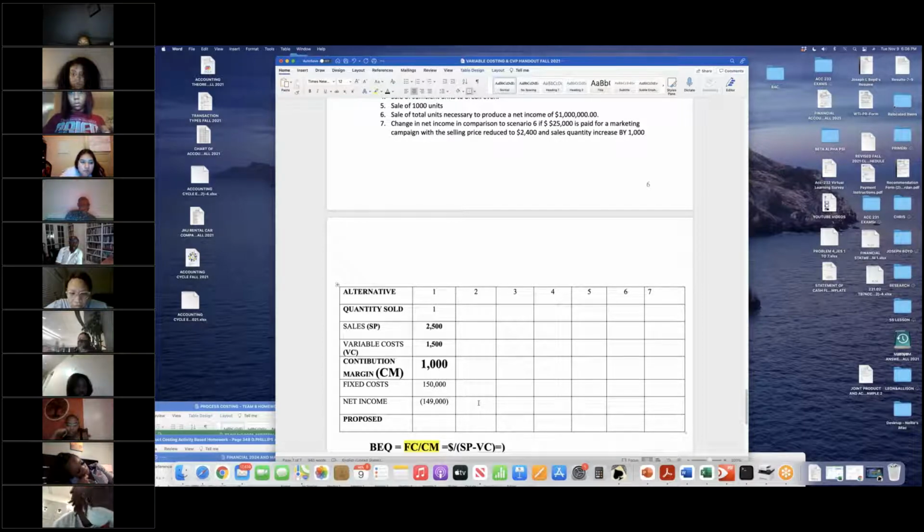So if I wanted net income to be zero, how many computers do I have to sell? How many computers do I need to sell if I want my net income to be zero? 150? Well, let's put in 150.